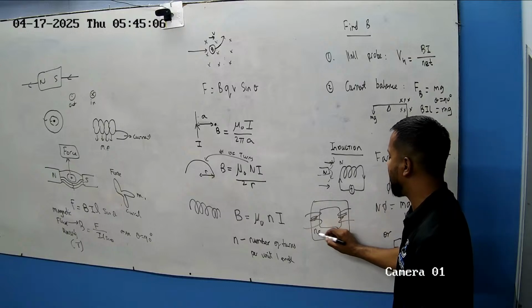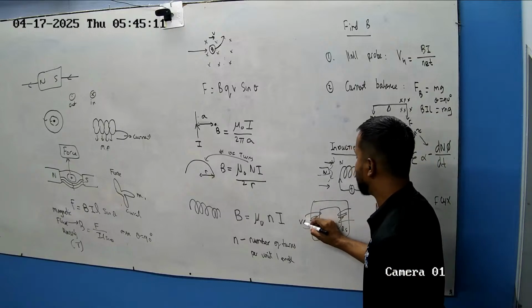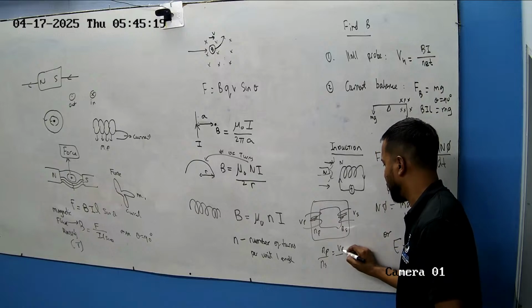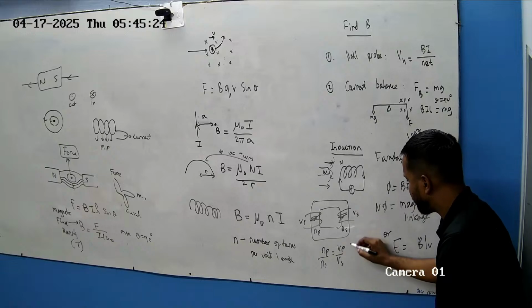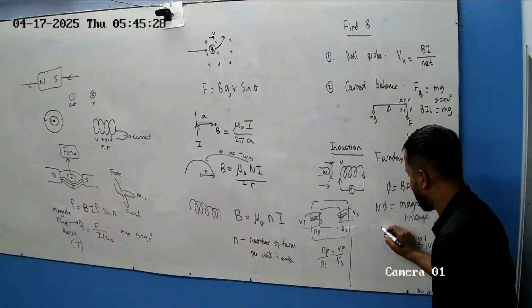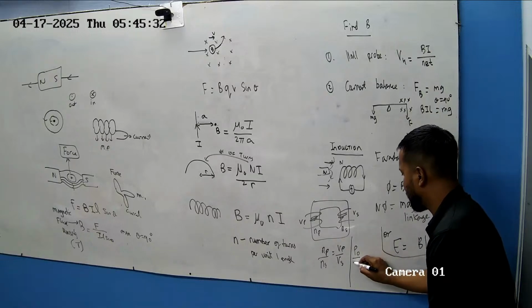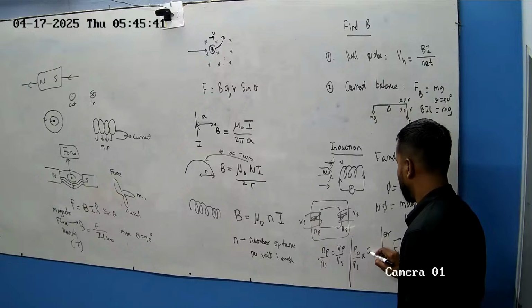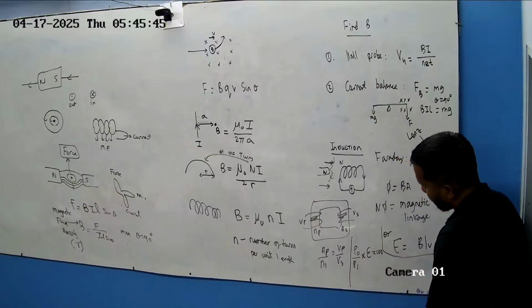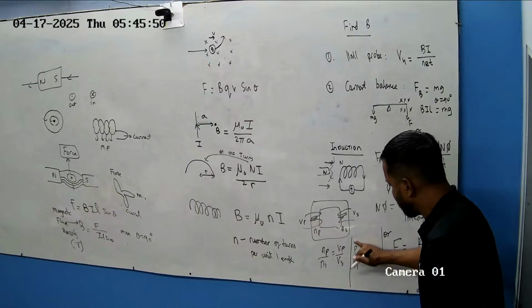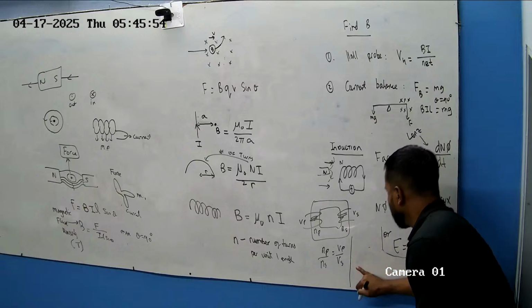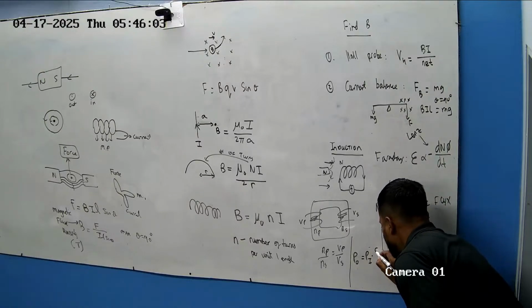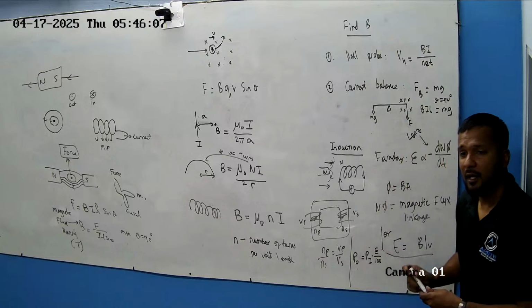Right? So you have your number of coils in your primary, number of coils in the secondary, voltage in primary, voltage in secondary.